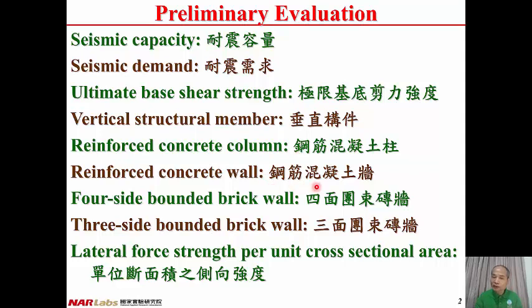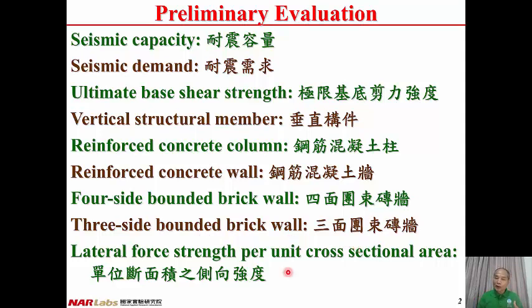Chinese, 钢筋混凝土墙. Four-side bounded brick wall is a brick wall bounded on four sides. In Chinese, 四面围疏砖墙. Three-side bounded brick wall is a brick wall bounded at three sides and open at the fourth side. In Chinese, 三面围疏砖墙.